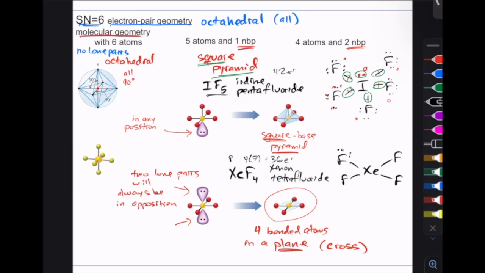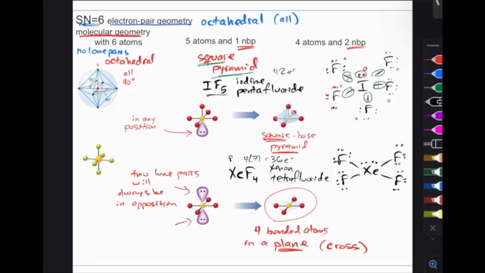Then 10, 12, 14, 16, 18, 20, 22, 24, 26, 28, 30, 32. So I have 4 more to put, and I'm going to put those on the xenon because xenon can be hypervalent. So that's 34 and 36.